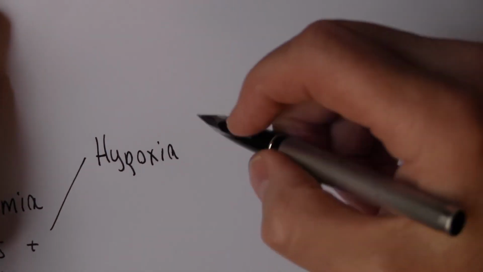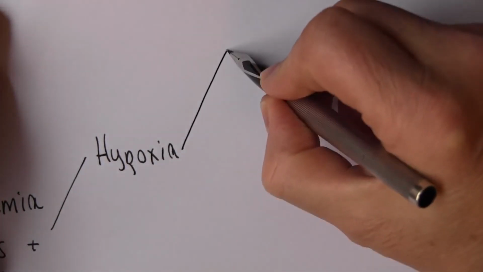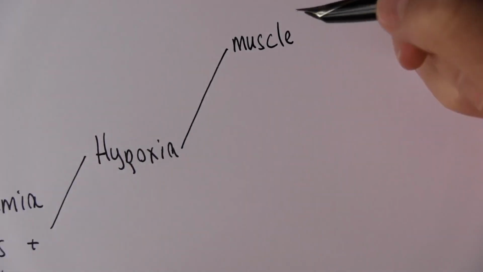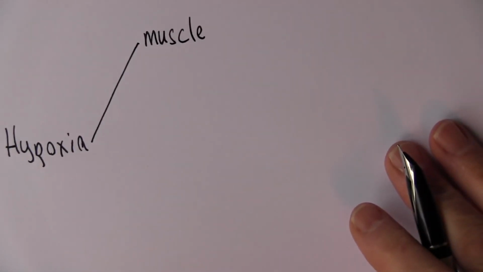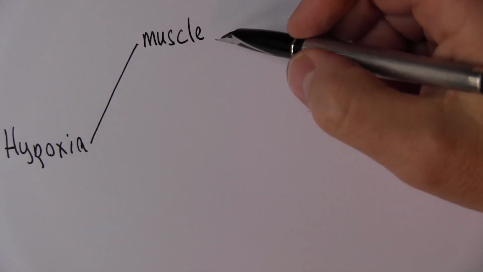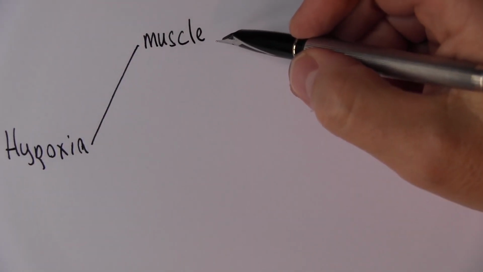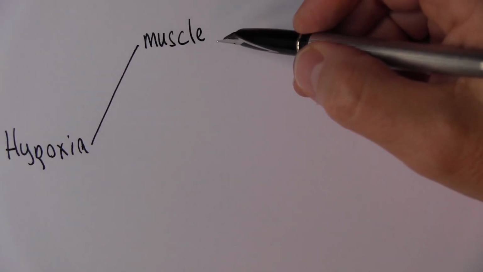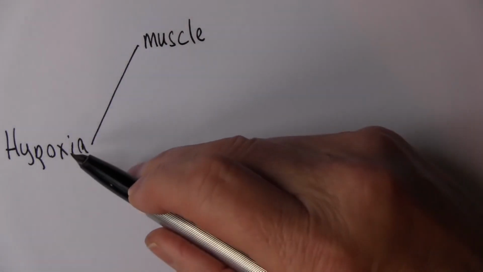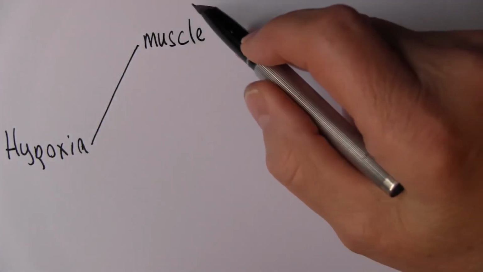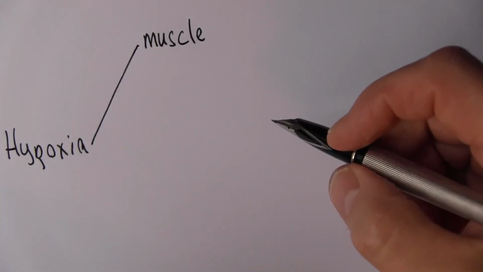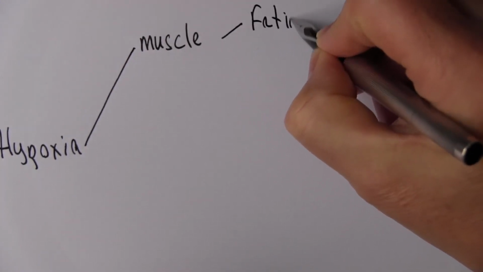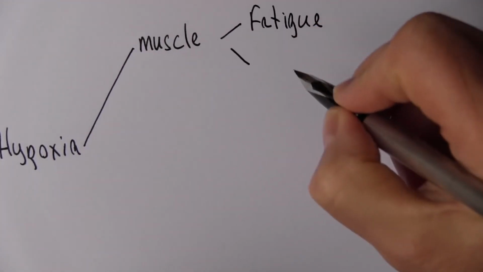Now, one metabolically demanding tissue, of course, is muscle. The skeletal muscles require lots of oxygen to function properly. They're very energy demanding, and they contain a lot of mitochondria in the muscle cells. So if there's hypoxia in the muscle, there's not enough oxygen in the muscles, and this is going to lead to muscle fatigue and muscle weakness.